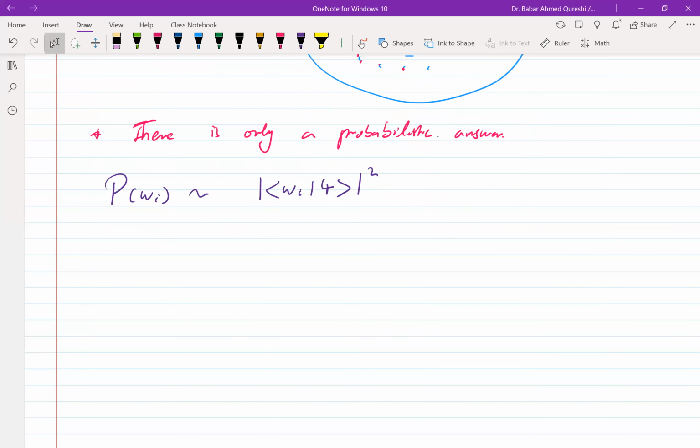Now, I have only written that it's a proportionality. Well, you can write it in the following form as well.